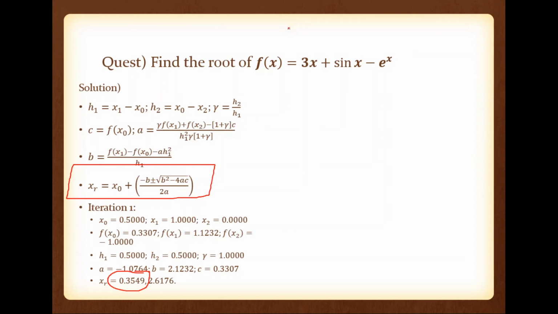Before that, already we have three values, 0, then 0.5, then 1. So now we have one more value, that is 0.3549. So if you add these, in ascending order, its position will be here, 0.3549. So always you have to take this one as the new x0.